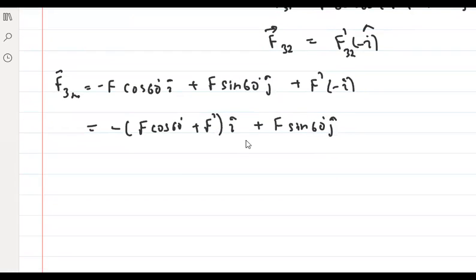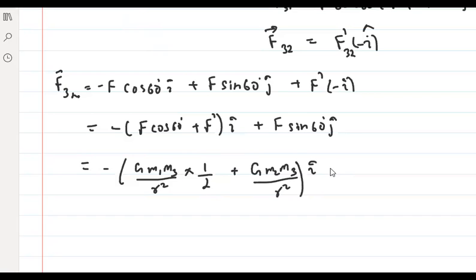Now here I'm putting the formula. So F is G m1 m3 by r square, because r is the same, cos 60 which is 1 by 2, plus this is G m2 m3 by r square i cap plus, now this is F, which is again G m1 m3 by r square into sine 60, which is root 3 by 2 j cap. Got it?